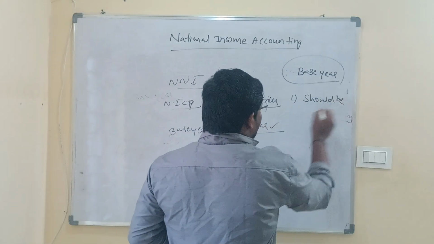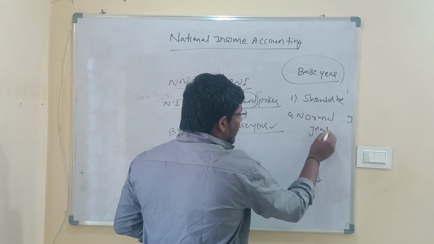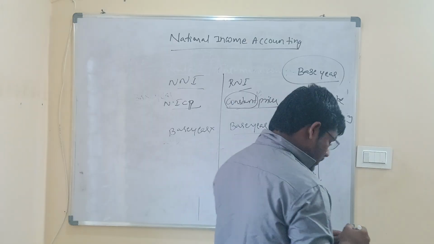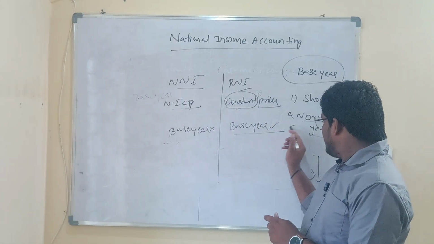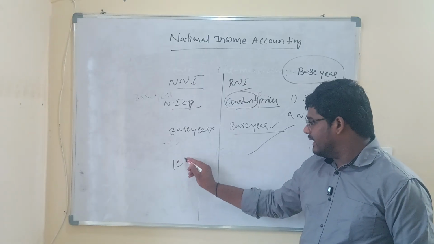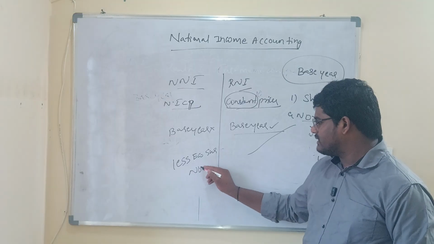Now this is the first one which we have to keep in mind. Base year should be a normal year. Now what does it mean when I use the term normal year? Base year should be a normal year means it is a year with fewer economic surprises and fewer non-economic surprises.